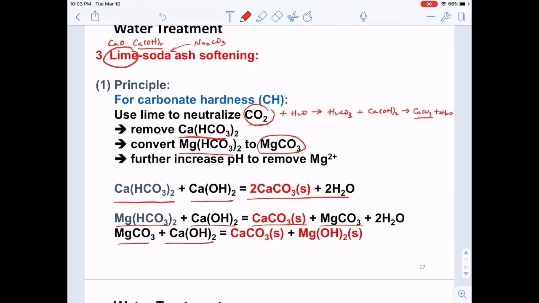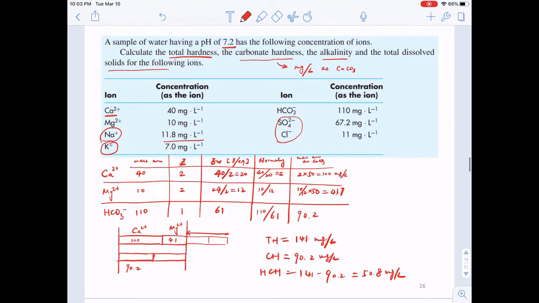And the magnesium carbonate can further react with the calcium hydroxide to form this solid here. So basically, this will convert all of the carbonate hardness into solids.